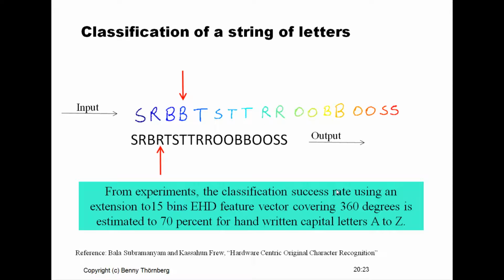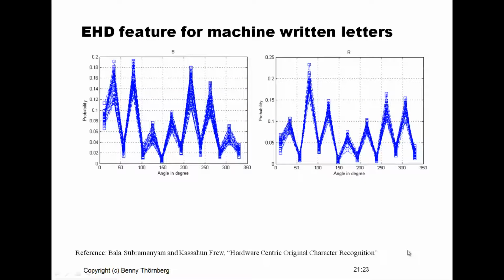By doing this adjustment they could handle handwritten letters ranging from A to Z with a 70% success rate. This was done by these students. You have the reference down here on the slide, and the name of their report: Hardware-Centric Optical Character Recognition. They continued their work.